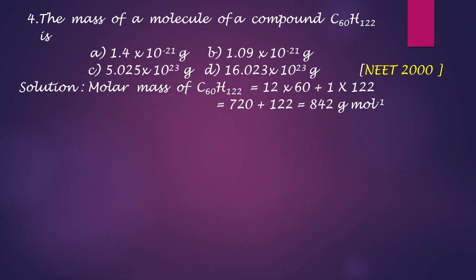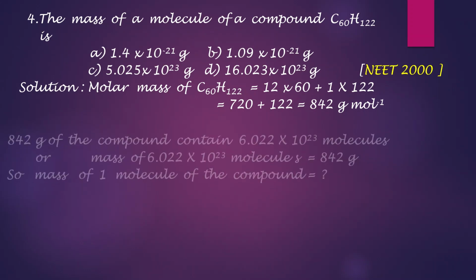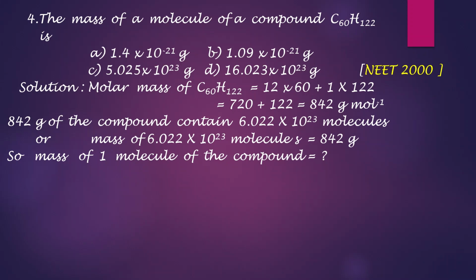Now this 842 gram per mole contains Avogadro number of molecules. So 842 gram of the compound contains 6.022 into 10 power 23 molecules, that is Avogadro number of molecules.